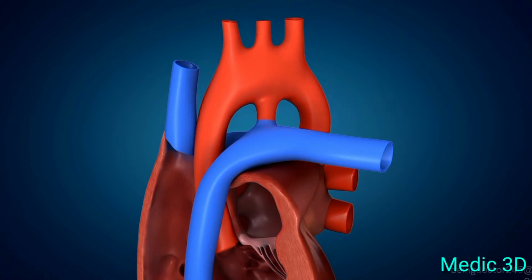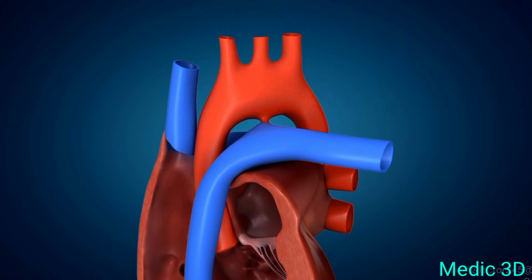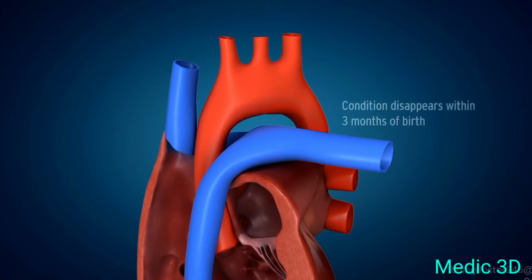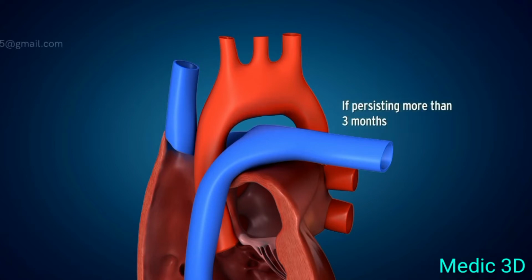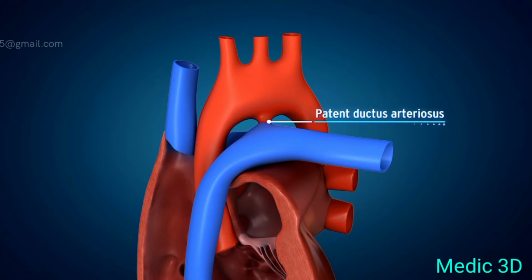Post-birth, the ductus gradually constricts and gets functionally closed, and the condition disappears within 3 months of birth. If it persists even after 3 months, it is called patent ductus arteriosus.